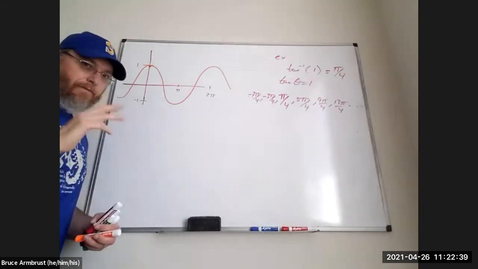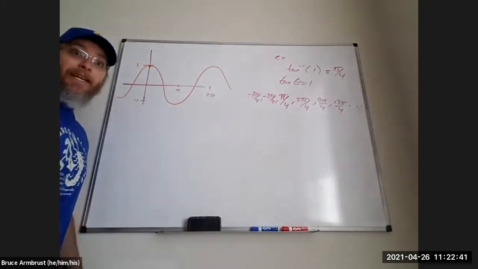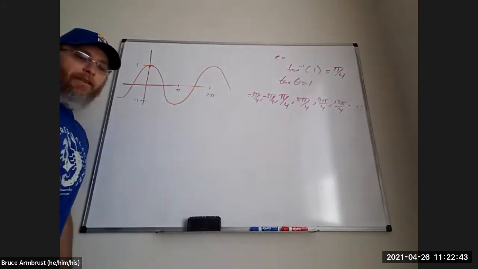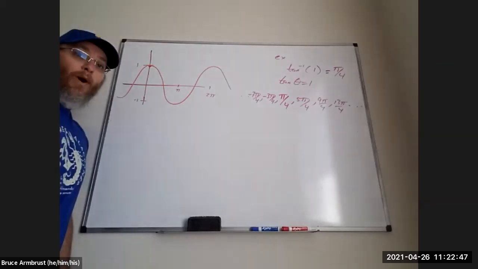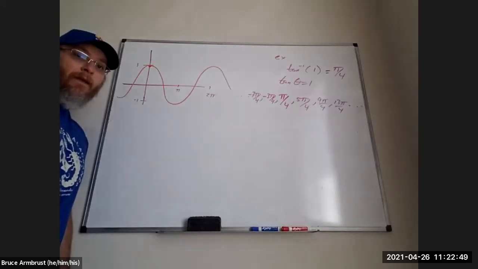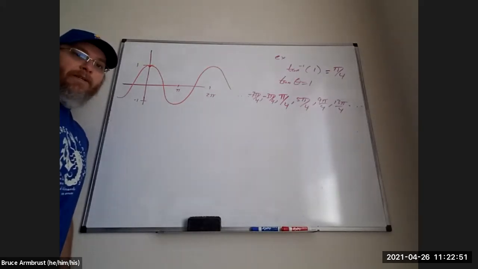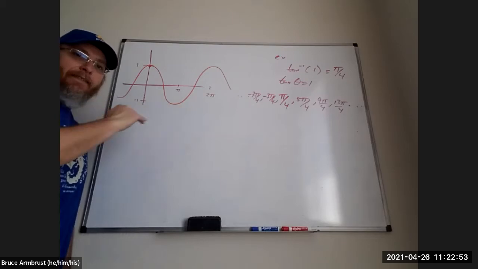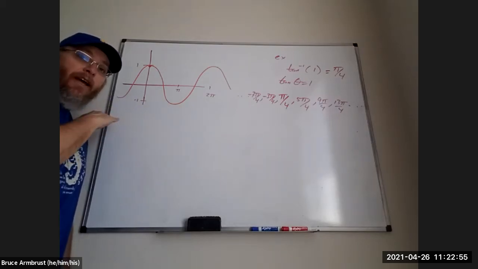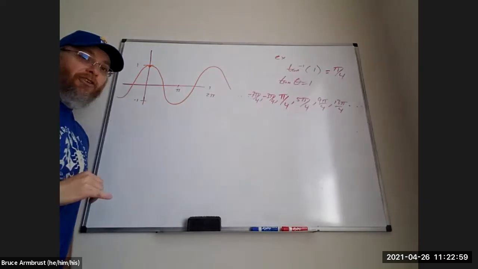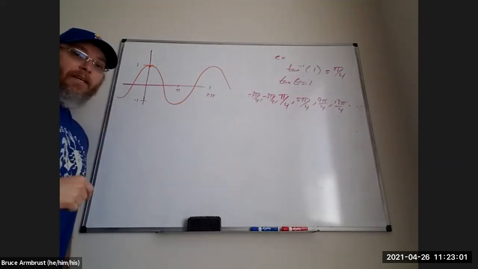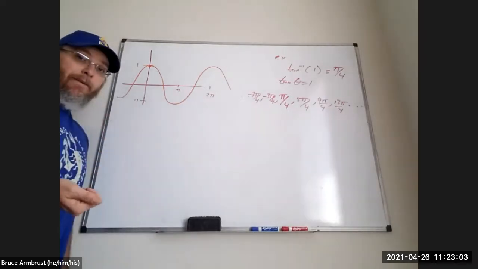Okay, so I'm going to remind you again something else about inverse functions. If you go back and look at inverse functions, functions only have inverses when they're what we call one-to-one. One-to-one functions are the ones that pass the horizontal line test. So if you draw a horizontal line and it intersects your graph more than once, your function is not one-to-one.